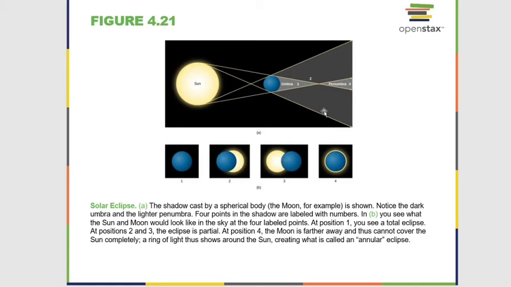Same thing with position 3, also in the penumbra, but it's closer to the border, so you see more of the sun. Finally, if you're in position 4, also still the penumbra, meaning that you can see some of the sun, there you would see an annulus, a ring around the sun. If you're far enough away that the sun appears bigger than the moon, then you'll see what we call an annular eclipse.